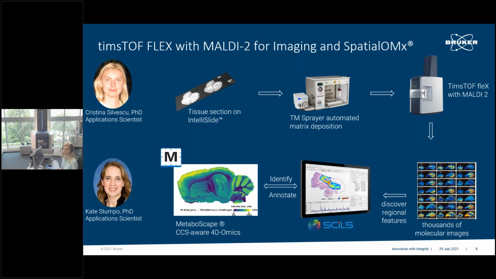As you've seen from Shannon's technical introduction, the timsTOF fleX is equipped with a MALDI 2 laser that enhances ionization efficiency and sensitivity. It's also equipped with a trapped ion mobility cell that allows us to separate isomeric and isobaric species.